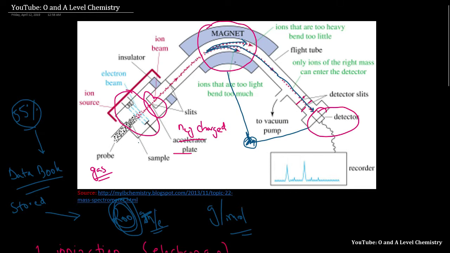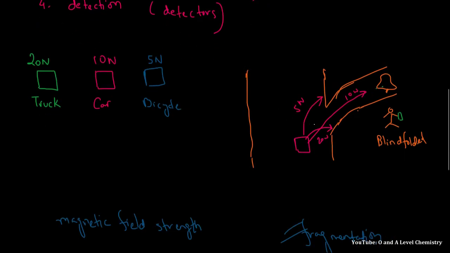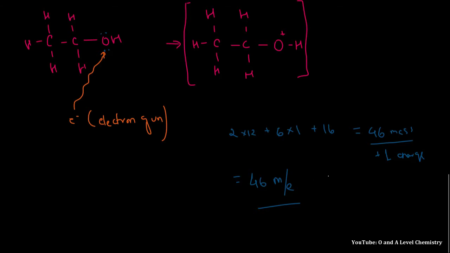So the charge on the sample and the mass of the sample determine how much it would deflect at a particular strength of magnetic field. That's very crucial, so that's why we use mass by charge.